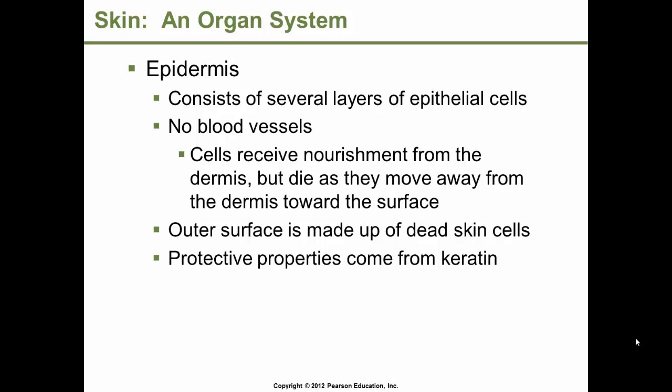Thus is why patches such as nicotine patches, pain patches, and birth control patches work. The epidermis outer surface, as said, is made up of the dead cells. It's gradually replaced as they're pushed up from the dermis, and it has the protective properties that come from keratin.